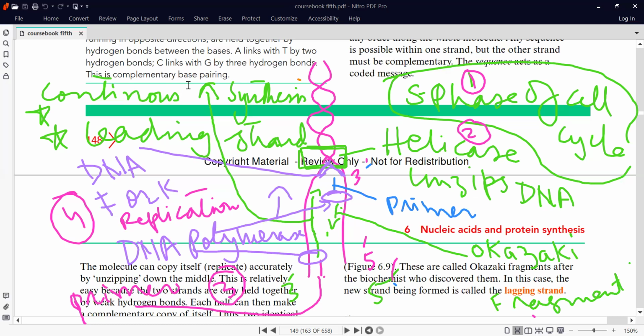And Okazaki fragments will not stop there. They will come and join the strand in the beginning. In the beginning, they will stand like this. And again, the 3 prime end will make a primer, DNA polymerase will make another piece, and the second piece will be connected like this.